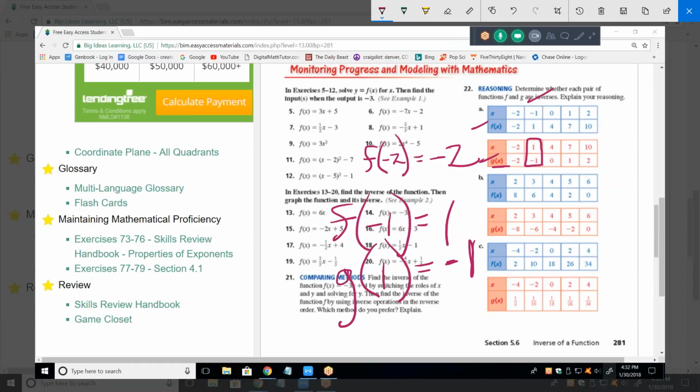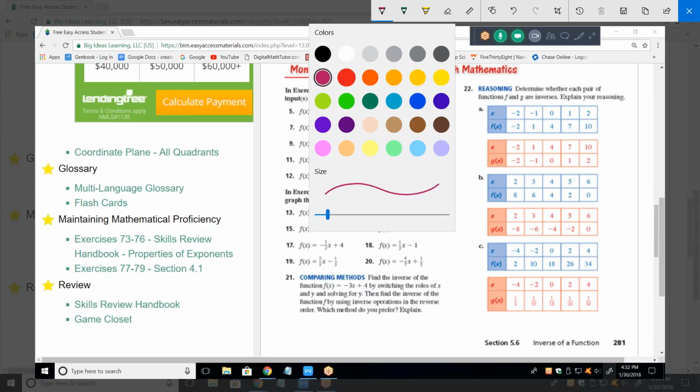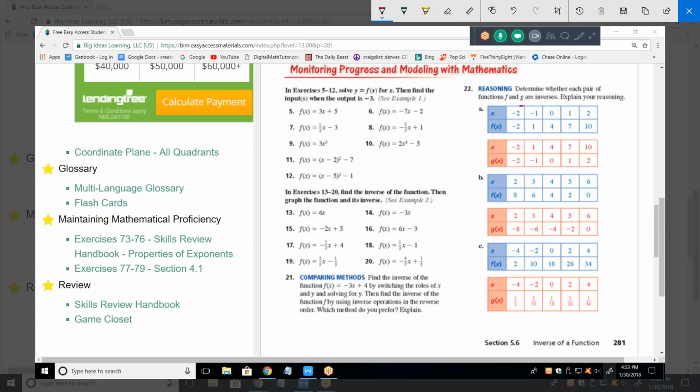Okay? So, what we can see is that these things need to be swapped. If g of x is the inverse of f of x, then these numbers always are swapped. Notice that they're swapped there.